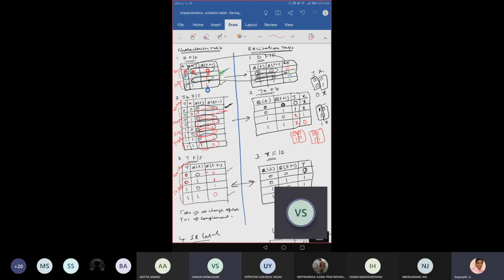Now this row and this row. Is it visible to you? Yes, sir. Okay, these two will give: for the first row, 0, 0, here I have noted. On the sixth row, that is 1, 0. If I take this, it will be X and this will be 0.